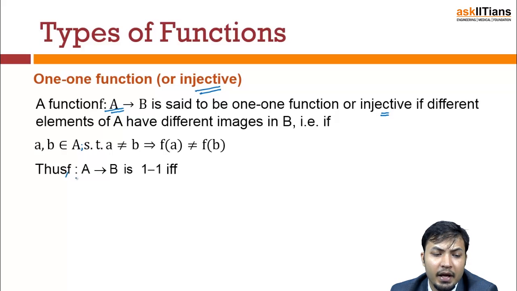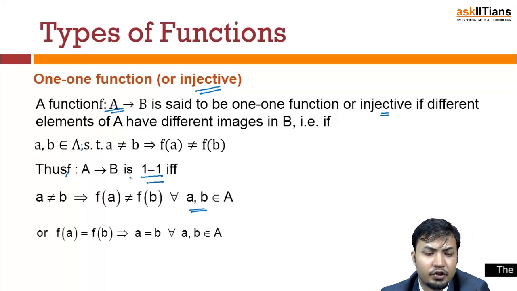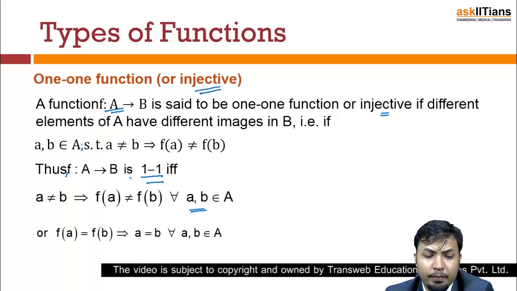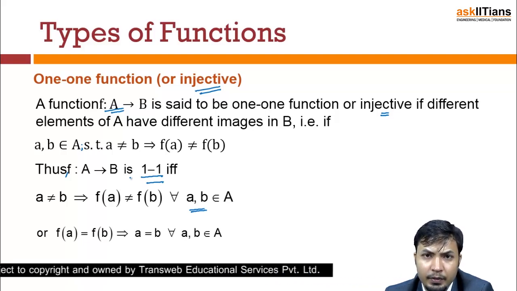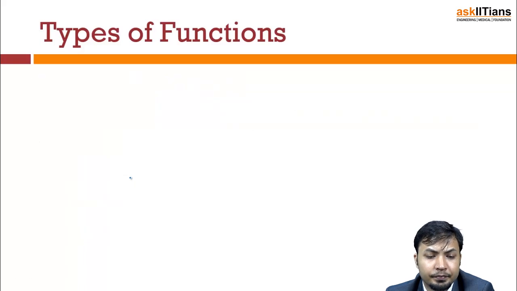Thus my f from A to B is one-one if and only if a is not equal to b implies f(a) is not equal to f(b), and a and b belong in A. So this is my one-one or injective function. Or if f(a) is equal to f(b), a has to be equal to b, and a and b have to lie in A. So that is a one-one function.